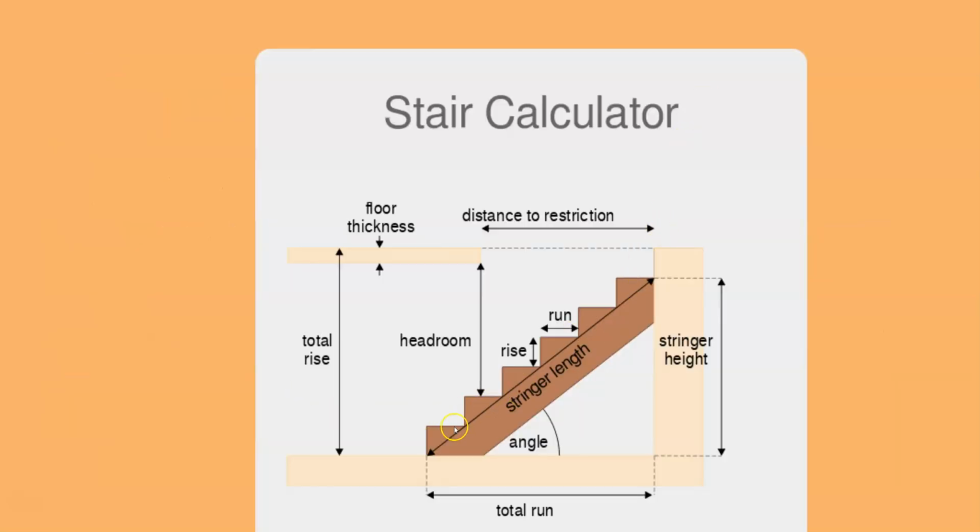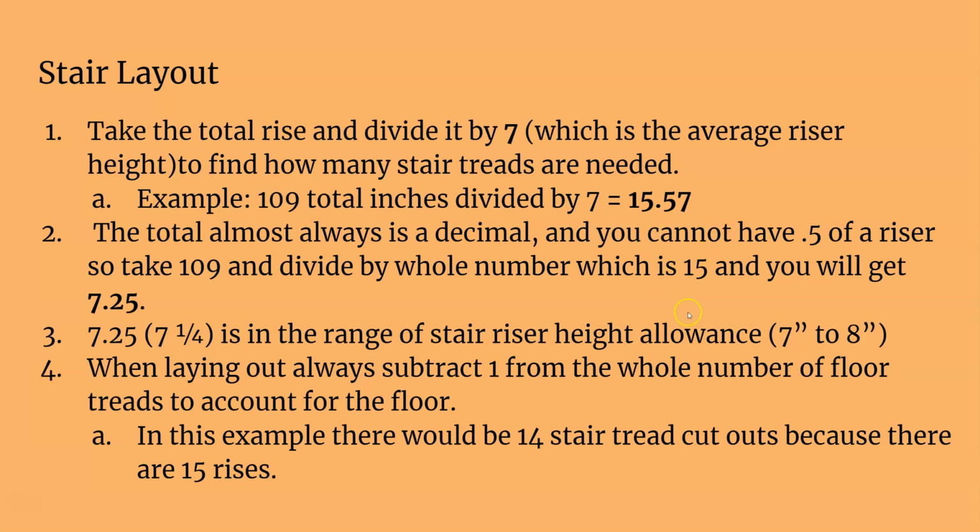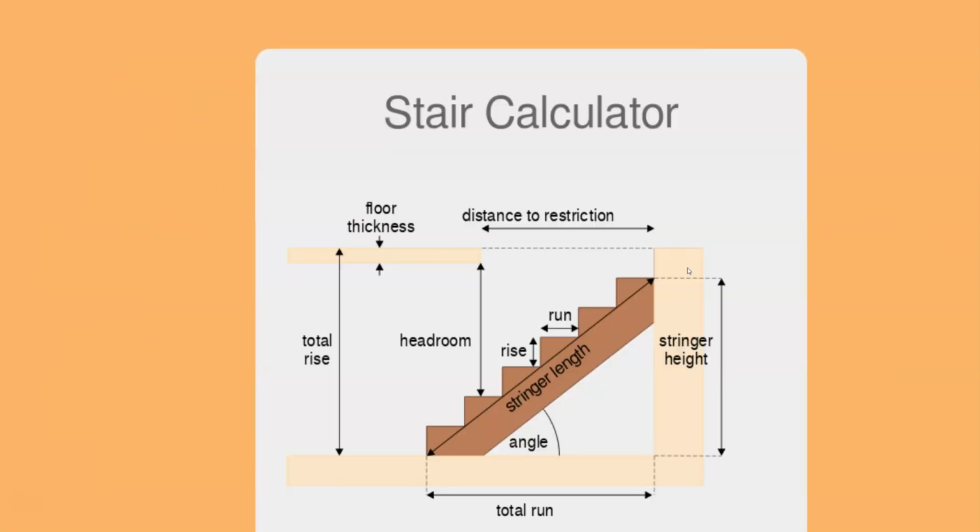So you can see here, there's 1, 2, 3, 4, 5, 6 steps, and then the last step, the 7th step, is actually up here. So anytime you divide, like in this one, it says it's 15 steps that you have to lay out, but it's really just 14 because the 15th step is the last one.